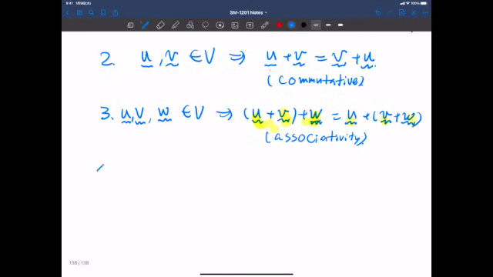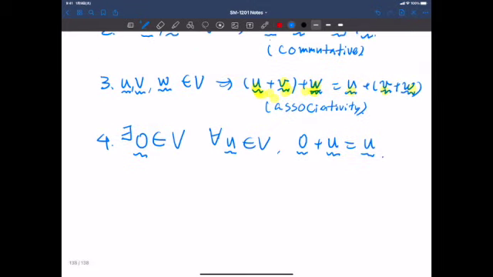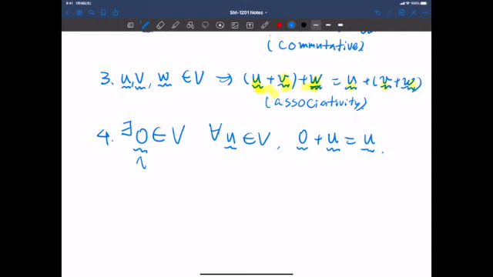And fourth, there exists a special element called the 0 vector, such that for all vectors, adding the 0 vector doesn't change that vector.